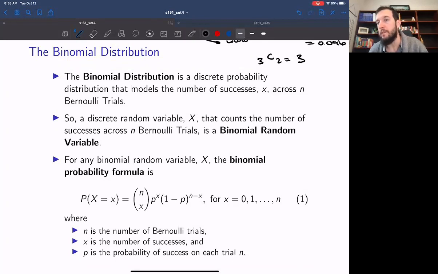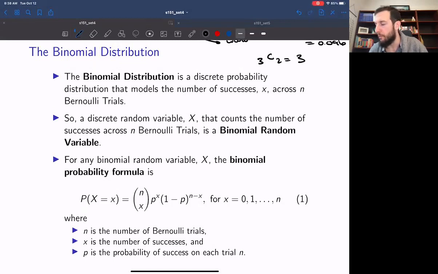Here, we assume that little p is the probability of success on each Bernoulli trial, and little p has to be constant. So each of the Bernoulli trials has to be independent in order for this formula to be valid.